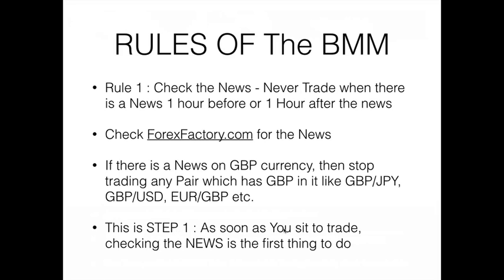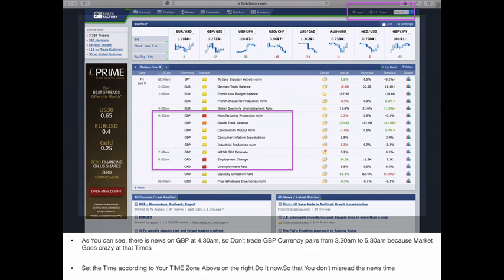As soon as you sit to trade, the number one thing you do as a trader is check the news. This is the first thing you'll have to do. Now this is forexfactory.com. You just go to forexfactory.com and set the time as per your country. So let's say you're living in the United States of America, just set up the time as per your country.